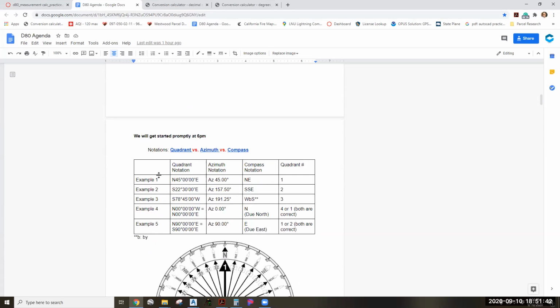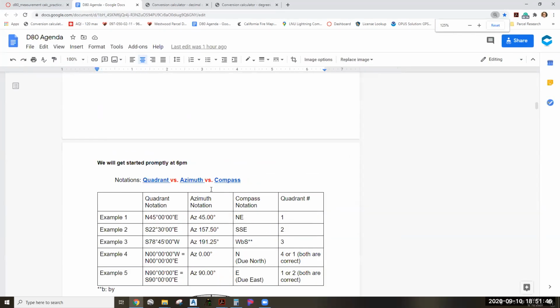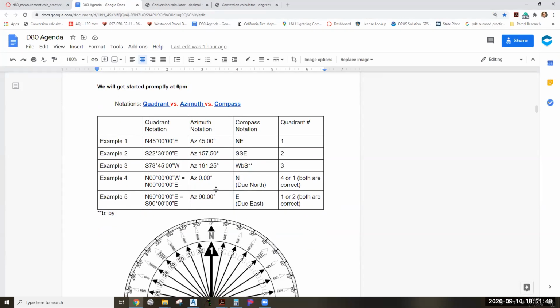Here I've given you examples of the various notations, okay? You have quadrant notation, you have azimuth notation, and you have compass notation, okay? Compass is just basically for your information. I'm not going to test you on compass notation, but a lot of you might be familiar with a compass.